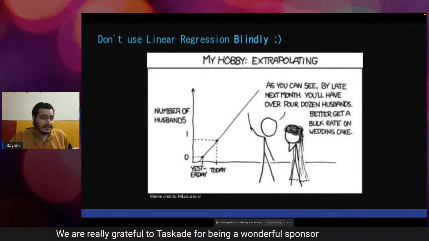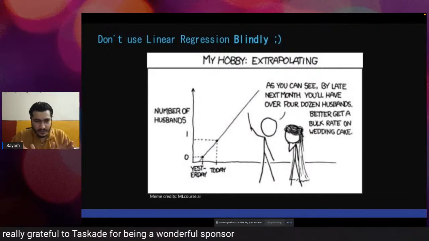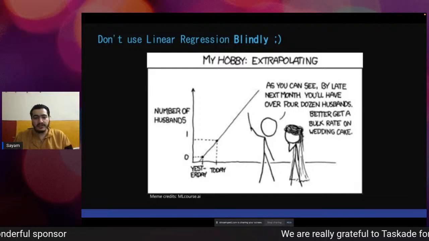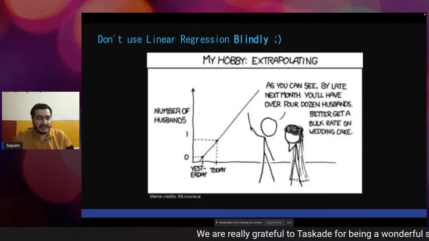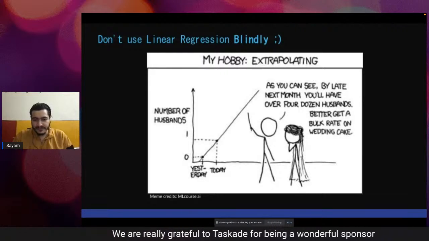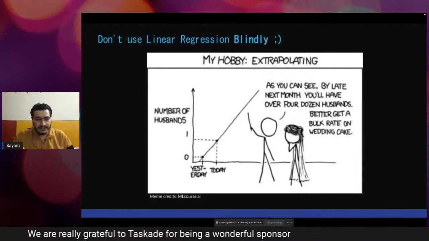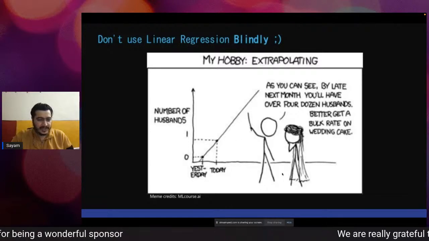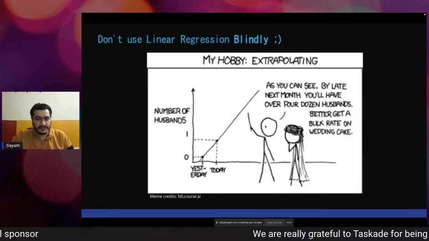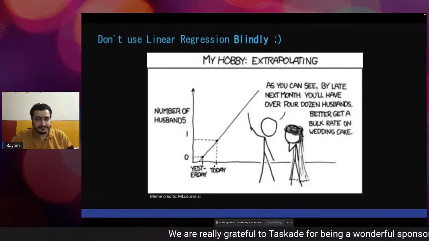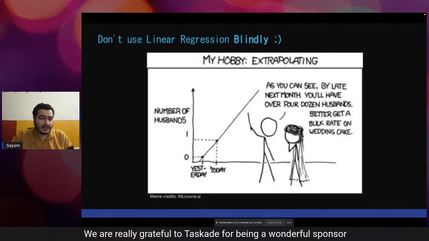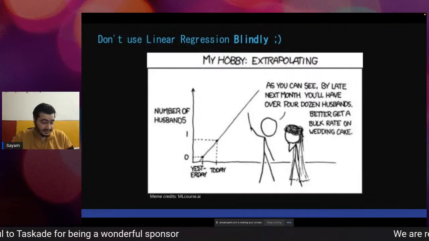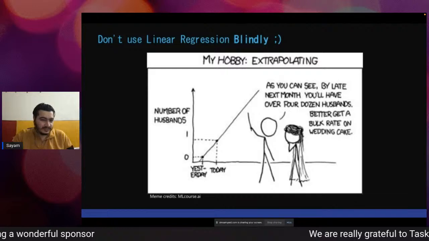And observe this slide very carefully. We do not have to apply linear regression always. If you see the trend here, the bride is about to get married. She goes to a bakery to get a cake. Yesterday, the number of husbands for her was 0, and today she got married, so the number of husbands is 1.